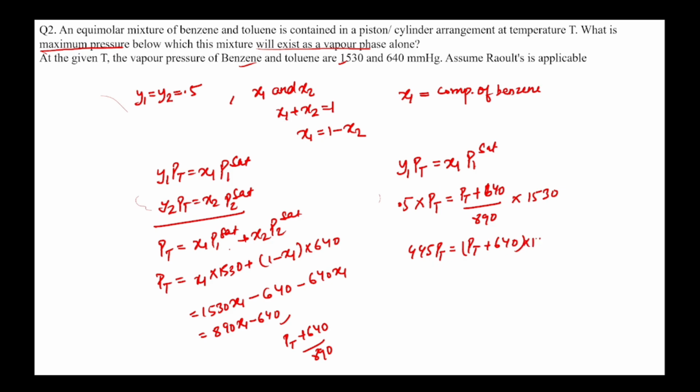Sorry, I did it wrong. I can do it like this: Pt, 1530 divided by 890, both are same, 1.72, Pt plus into 640 on 100.